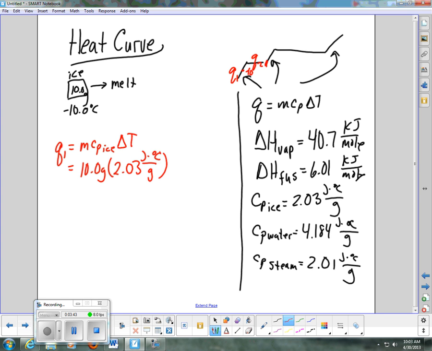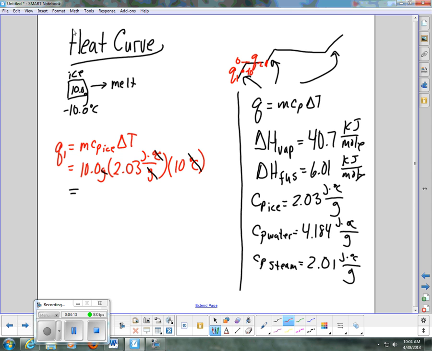I'm going from negative 10 up to 0. So what's my change in temperature? 10 degrees Celsius. At this point, degrees Celsius and grams cancel out. If somebody plugs that through a calculator, let's get an answer here for Q1.